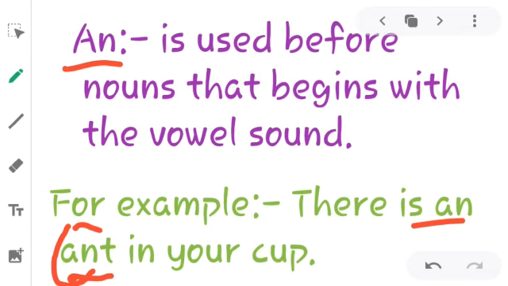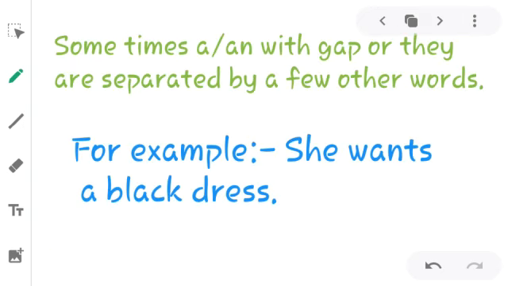And it is used in some other cases too. Sometimes it comes immediately before a noun, but sometimes it comes separately. Sometimes they are separated by a few other words, like we use another word between the article and the noun. For example, she wants a black dress.